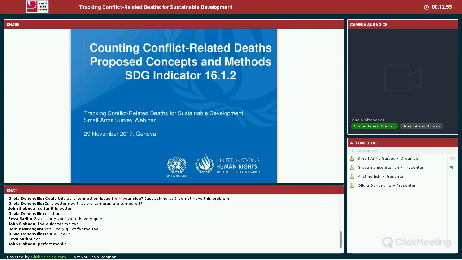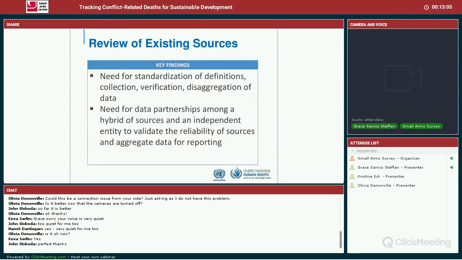In addition, we contacted statistical offices of Palestine, Philippines, and Colombia to better understand their existing practices. And two of the key findings that came out from this review are the need for standardization and data partnerships.